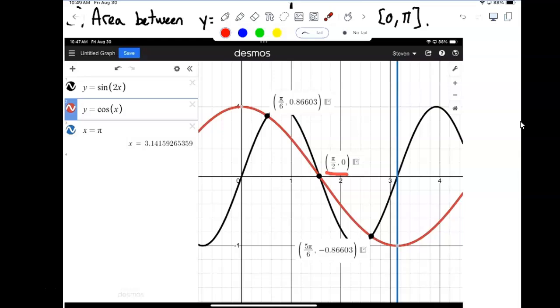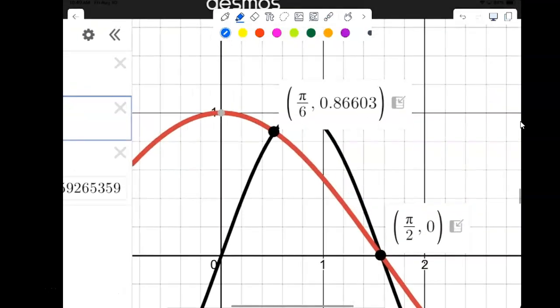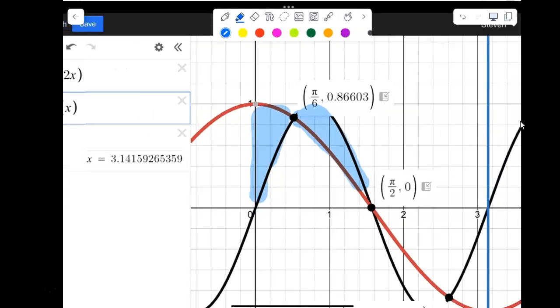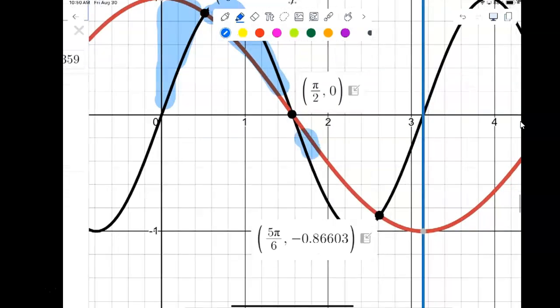But then when we pass pi over 2, they change places again until finally when we pass 5 pi over 6, the black function is on top again. So we actually end up with 4 different regions that we have to address here because of how it's changing. Which function's on top, which function's on bottom.